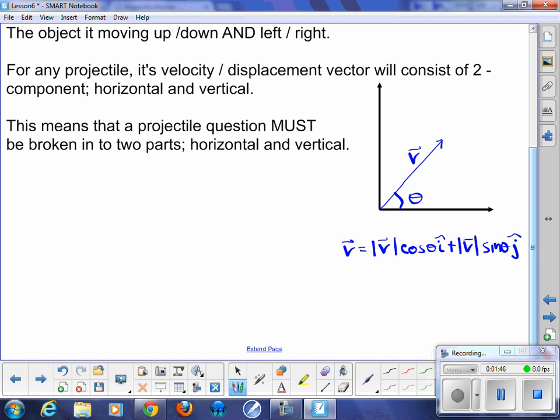Knowing that information, we break it into our horizontal and our vertical. Those are the two components that we're interested in. The magnitude of v cos theta i is our x component, and the sine is our y component.